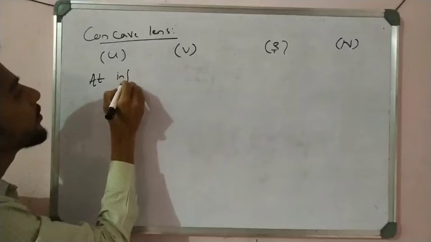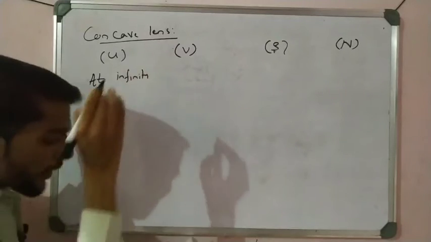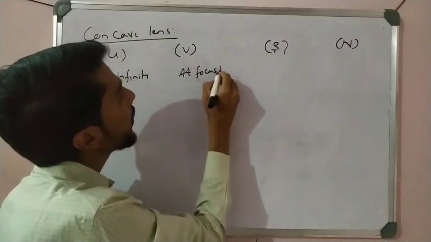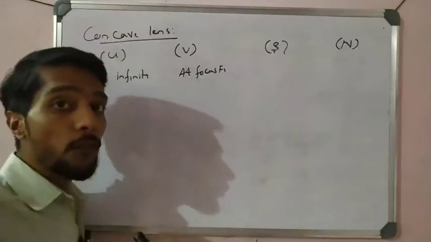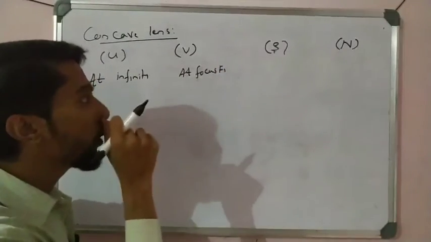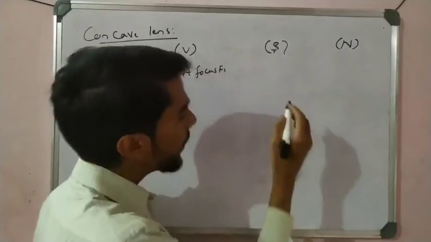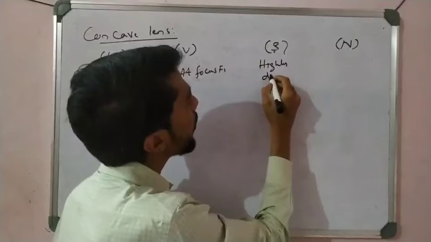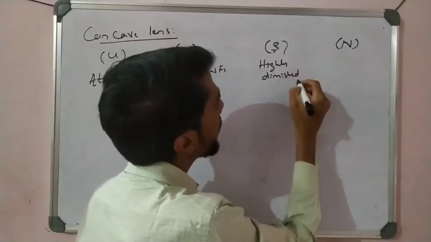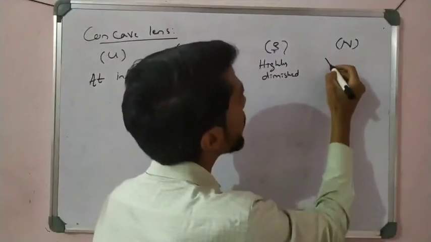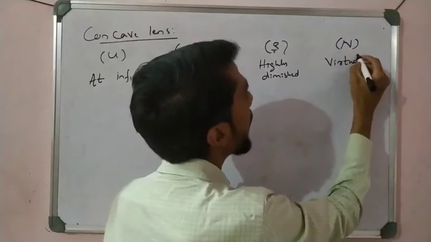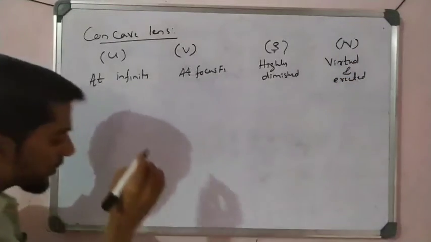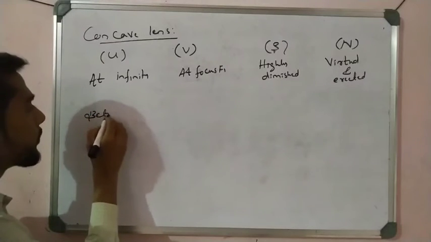At infinity, the image is at the focus, same as in convex, but there in convex it is F2, but here it is F1. Okay, F1, that is the difference. And here it is highly diminished, almost point sized. Okay, dot size diminished, and it is virtual and erect, right?